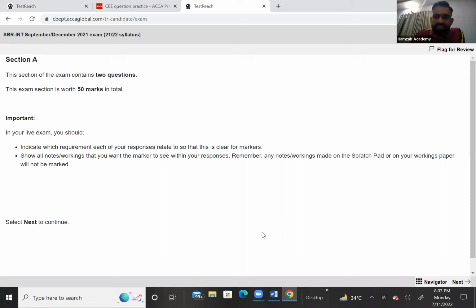The first part will be part A, section A, which you people can see here, and this section A will consist of two questions. The total marks will be 50. In these two questions, question 1 will be of 30 marks and question 2 will be of 20 marks.